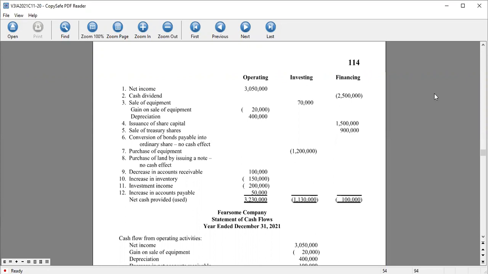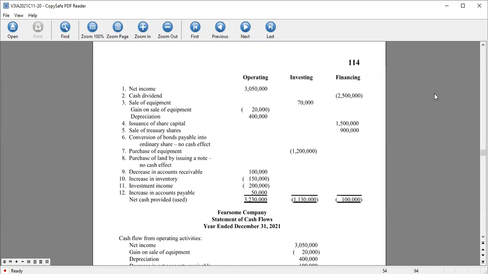And then under the financing, we are going to deduct the dividend paid, no? If you can recall, in the problem, as stated, we have the cash dividend. Dividends received shall be classified as investing cash flow. Dividends paid shall be classified as financing cash flow because it is a cost of obtaining financial resources.